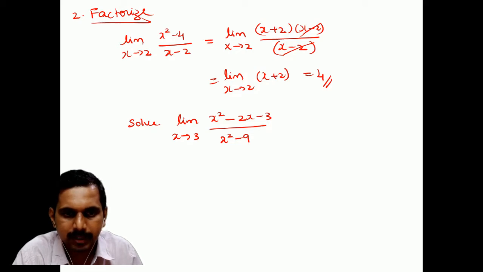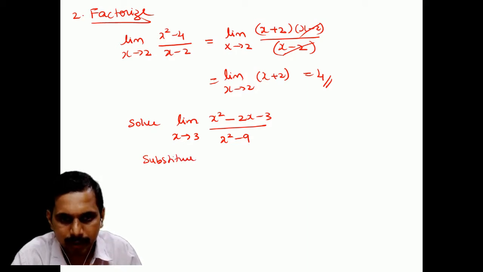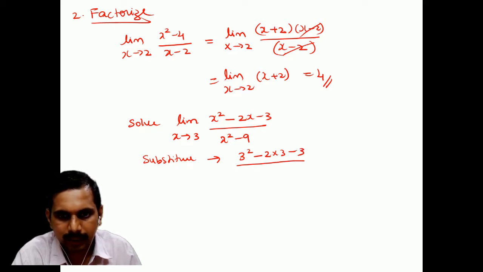What is the first step? Step 1, first try to substitute and see whether we can get the answer. So when you substitute, we get 3 square minus 2 into 3 minus 3 divided by 3 square minus 9.